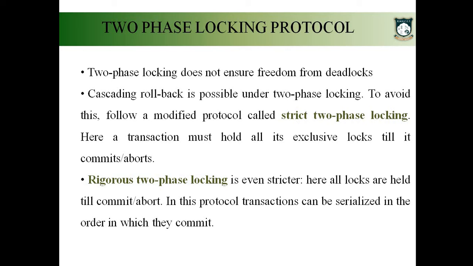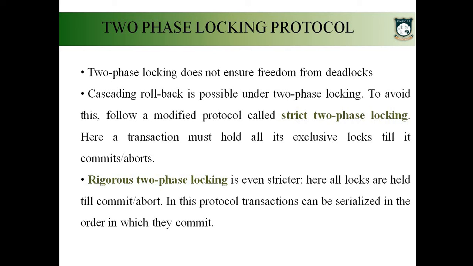Cascadeless schedule, in the sense, assume that you have a schedule with 3 transactions T1, T2, T3. Now, due to some reason there is a need for you to roll back T3. Now, T2 is depending on T3.